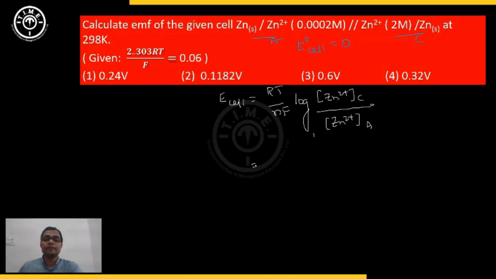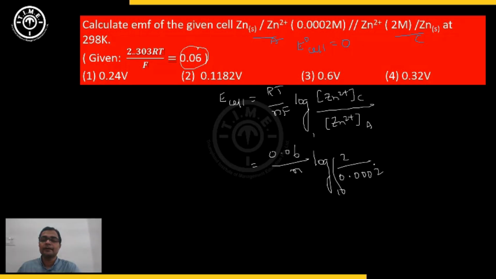Okay, now this value you will get: 0.059, 2.303 RT divided by F, that is equal to 0.06. This value you have to take as 0.06 divided by n, and the log of the cathode concentration, which is 2. And in the anode, the electrolyte concentration is 0.0002.